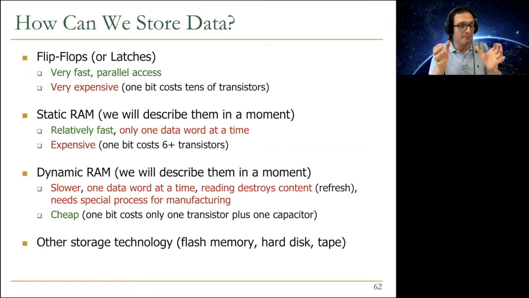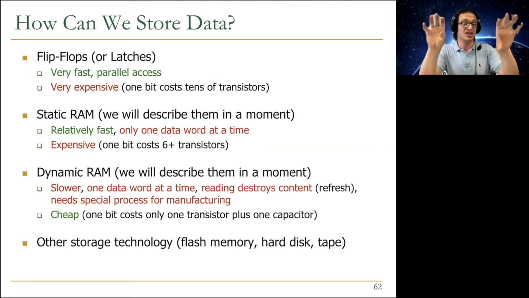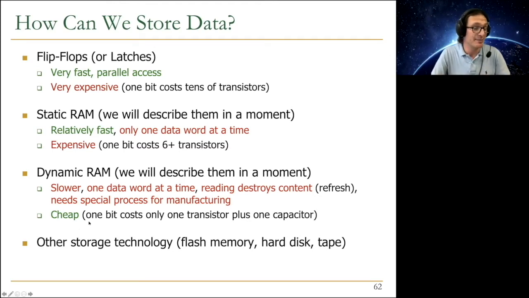If you want to pack many, many capacitors in a chip, you need to actually have a different manufacturing process. As a result, we have separate chips for dynamic RAM. As a result, we have processor chip and memory chip, main memory chip. And the reason dynamic RAM can be main memory is because it's cheap, basically. It's much cheaper than this expensive static RAM. You can also make your static RAM main memory, but it turns out it's very expensive, as you can see.